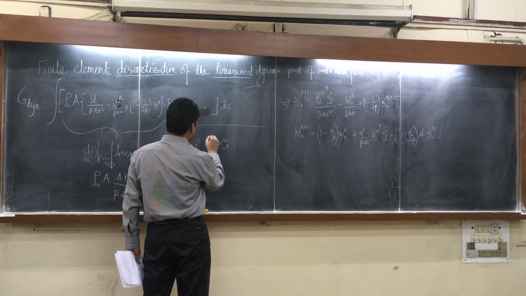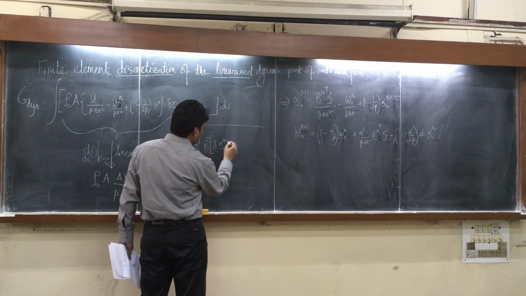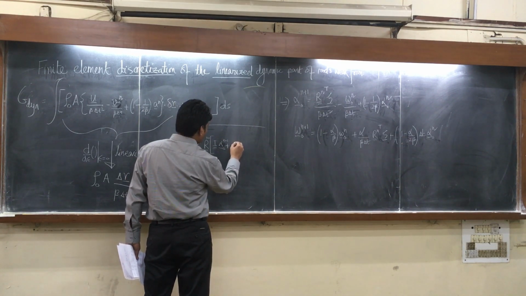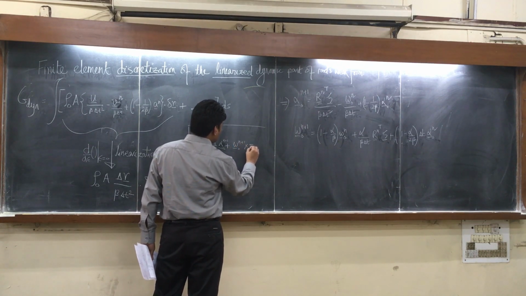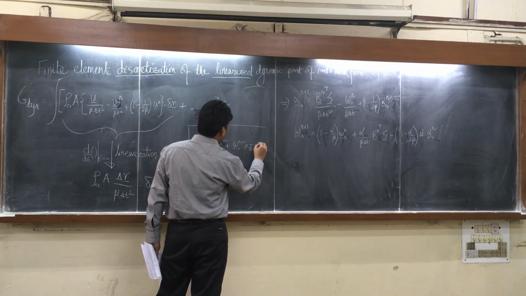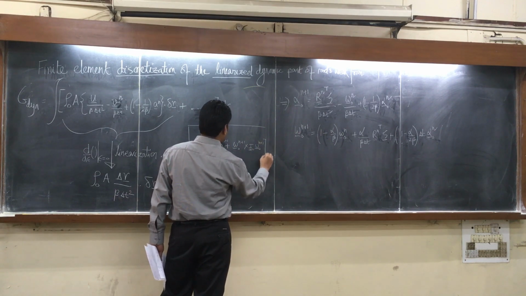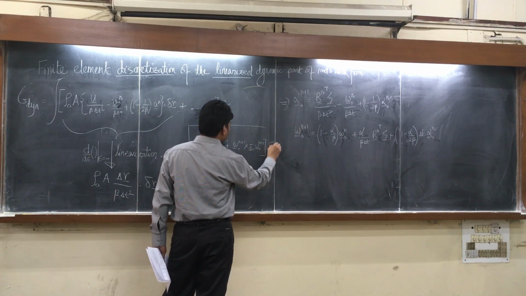This one is at n plus 1. Plus omega naught at n plus 1 cross I naught times omega naught at n plus 1, dot delta theta.